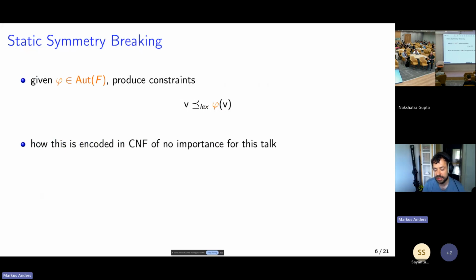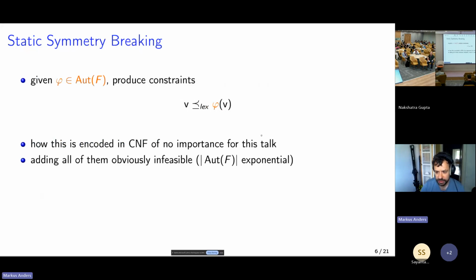However, it should be noted that it is possible to efficiently encode this, and it might even matter in practice which encoding you use, but for this talk, it doesn't really matter. And I hope that it is sort of easy to see that if we just add all of these constraints, so if we do this for all the symmetries of the symmetry group of a formula, then this will actually give us only 1 assignment per equivalence class.